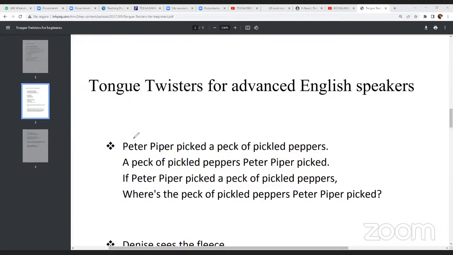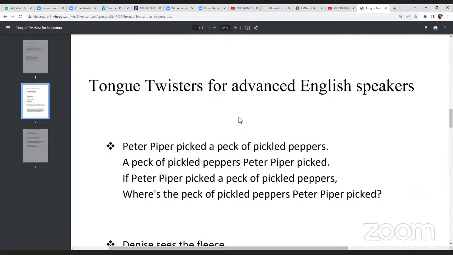Okay, can you do it one more time, please? Peter Piper picked a peck of pickled peppers. A peck of pickled peppers Peter Piper picked.